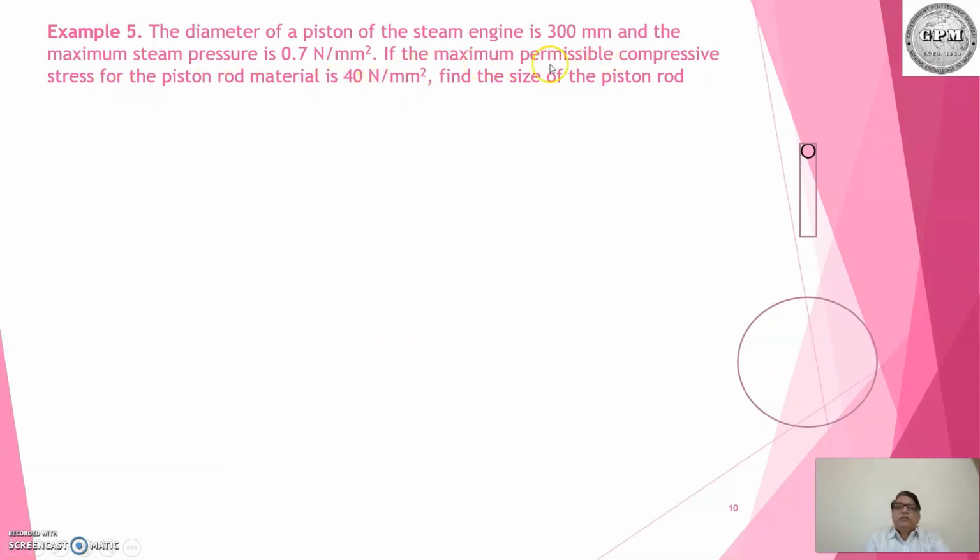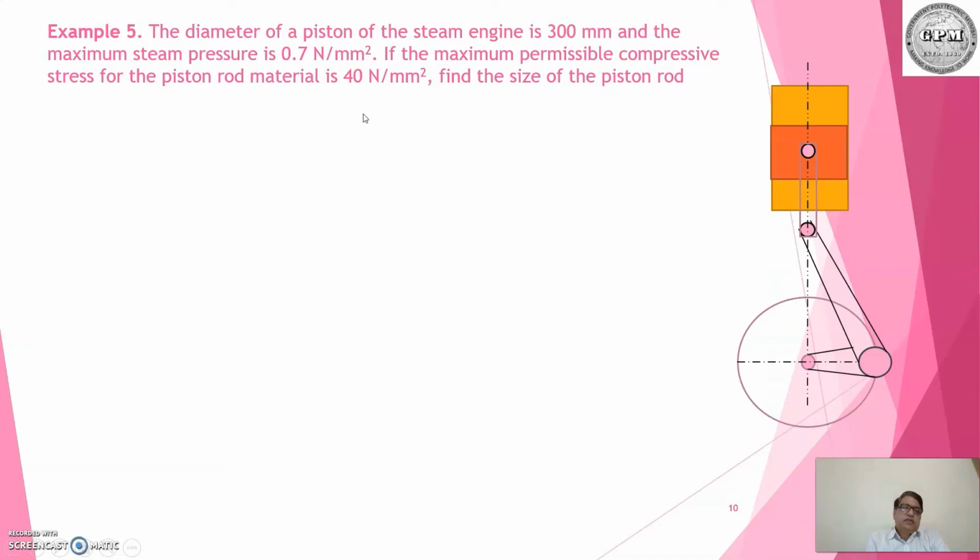If the maximum permissible compressive stress for the piston rod material is 40 Newton per mm square, find the size of the piston rod. Once again, for understanding this, we can go for the sketch of this.